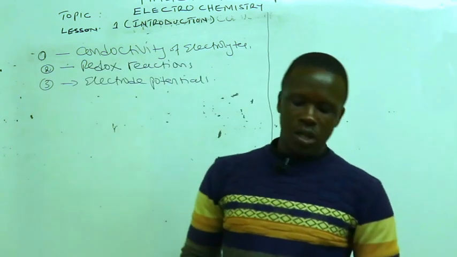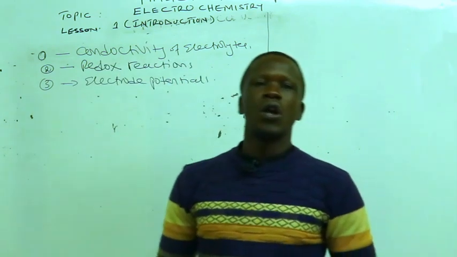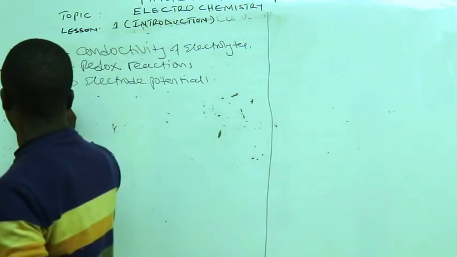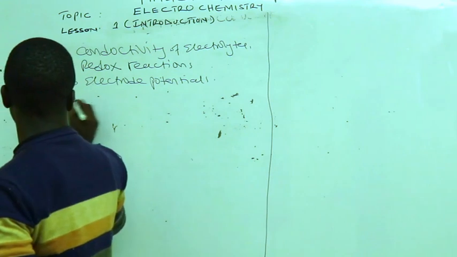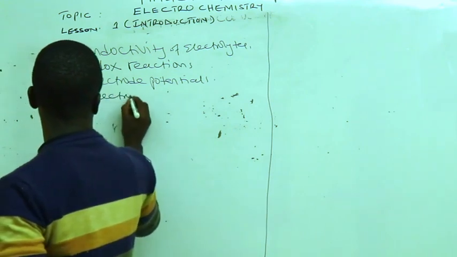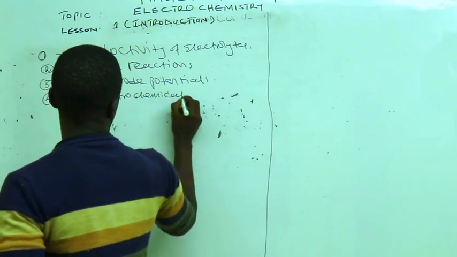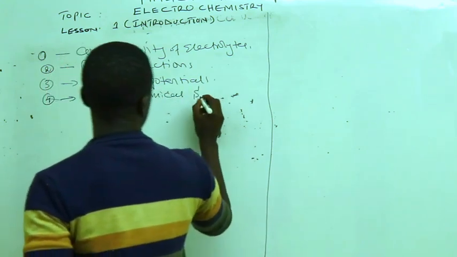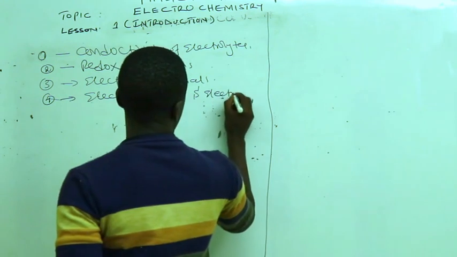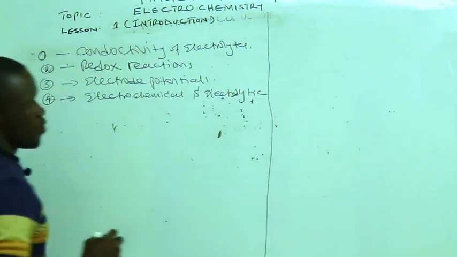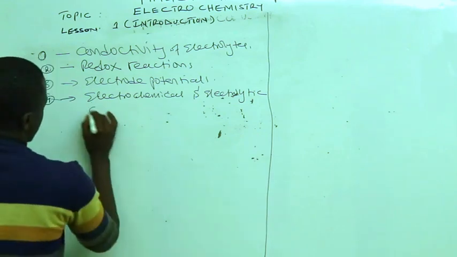Then we shall also have a view on electrochemical and electrolytic cells. Number 4, we shall have what we call electrochemical and electrolytic cells.